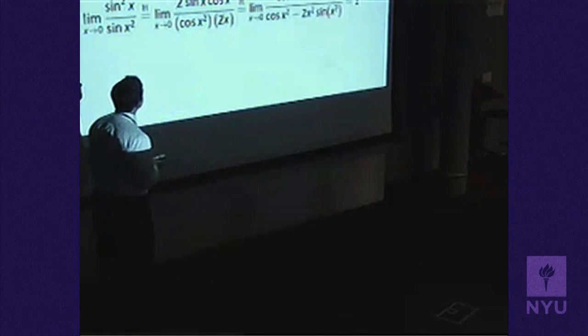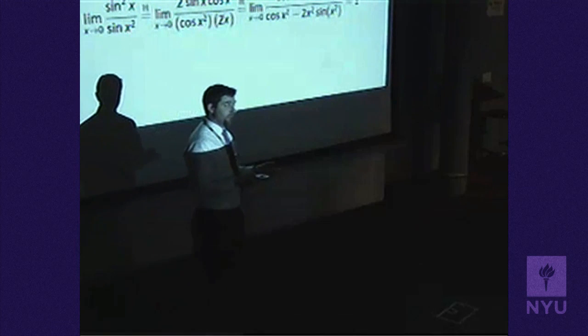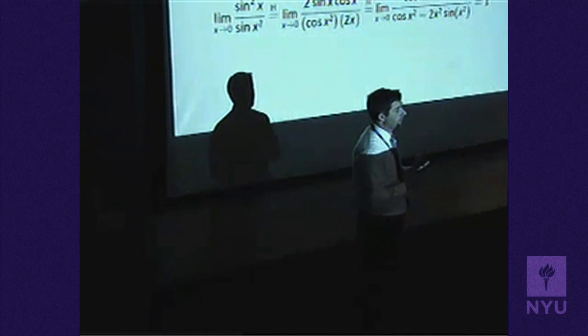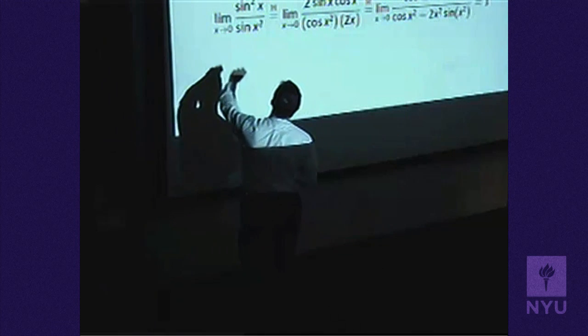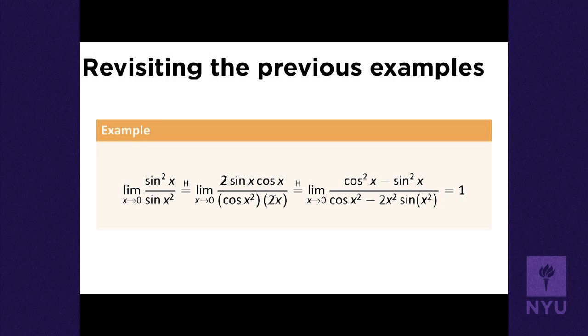Now, how would you know if you were going towards the right answer or off in the wrong direction? Remember what I said earlier about sine x being pretty close to x? And this is pretty close to x squared, and this is pretty close to x squared in a different way. Okay? So the fact that this is close to x squared and this is close to x squared tells you that 2 derivatives are going to bring it down to a ratio of constants.